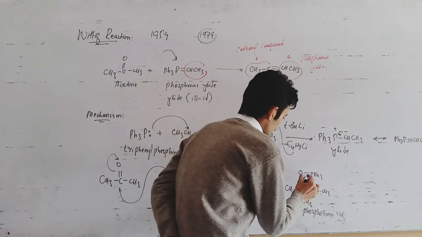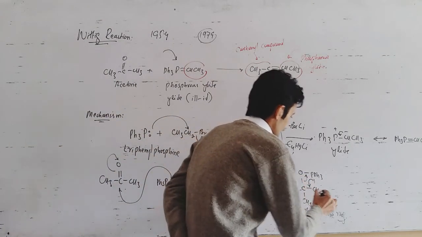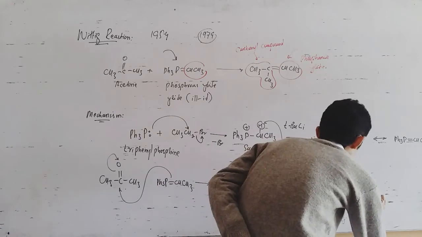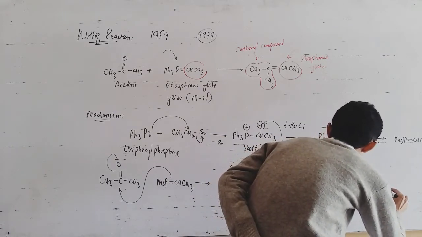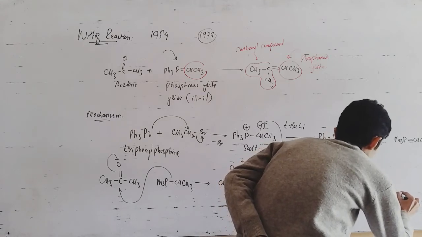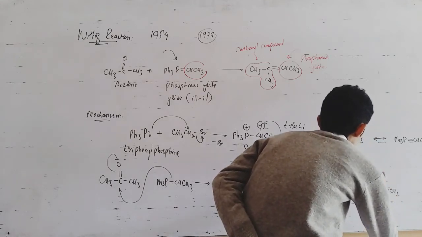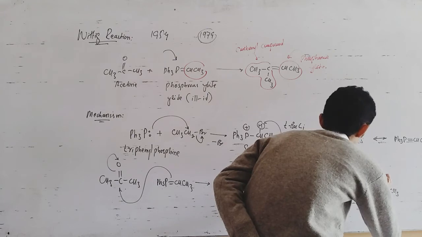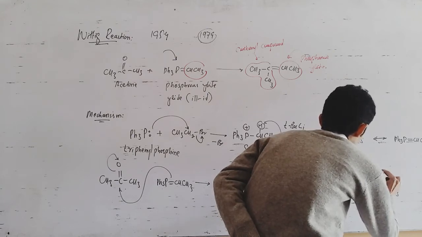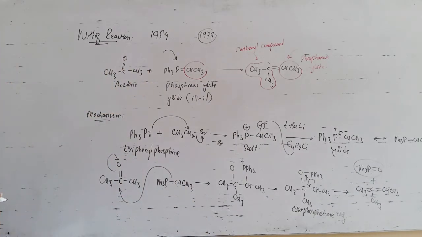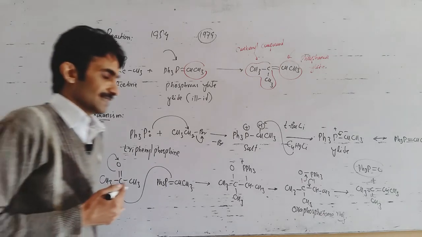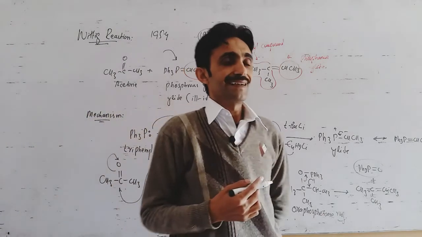This cleavage is like this, and ultimately it gives rise to the formation of a product that is alkene in character, along with the formation of triphenylphosphine oxide, which is a very stable compound.